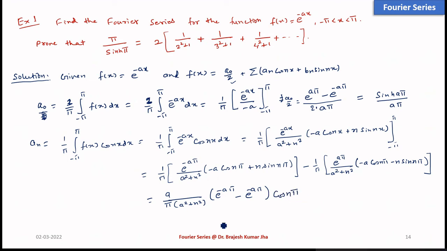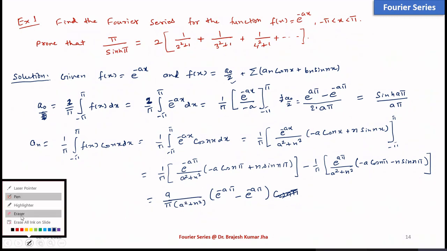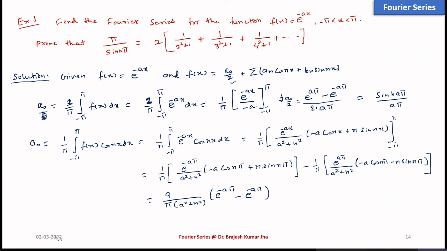Sir, won't the cos n pi terms cancel? Why would they cancel? The e to the power minus a pi is there. We keep the value cos n pi. So what we could write here, either cos n pi, or we should write here -1 to the power n.